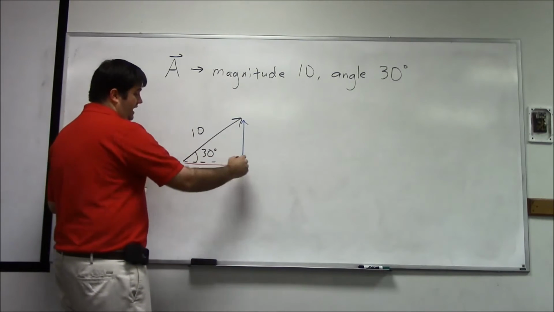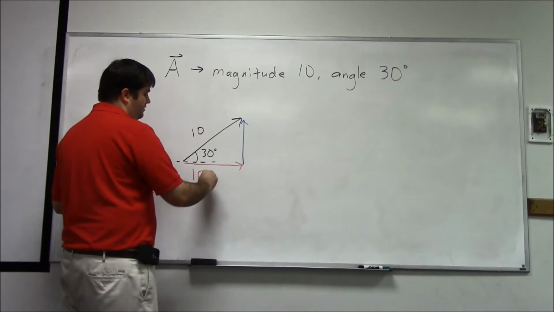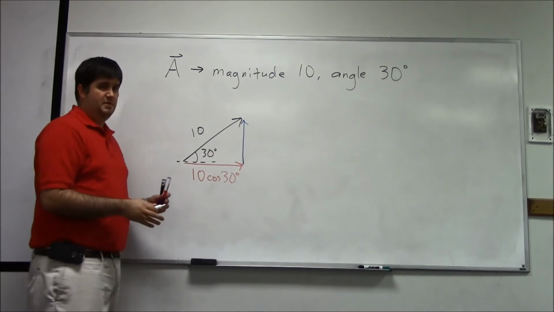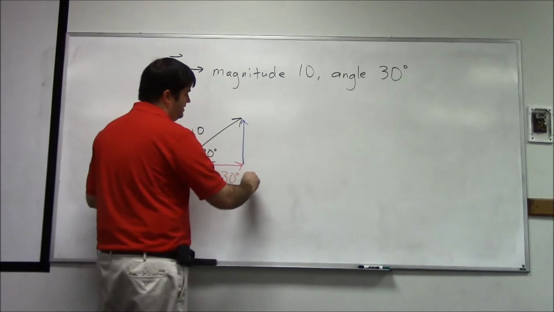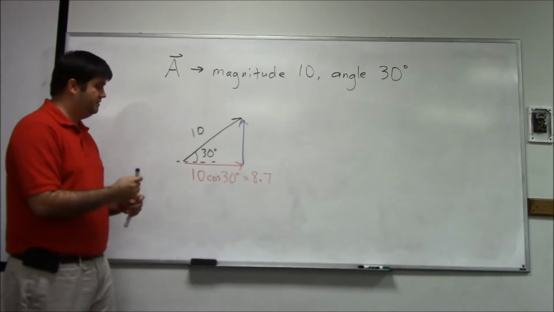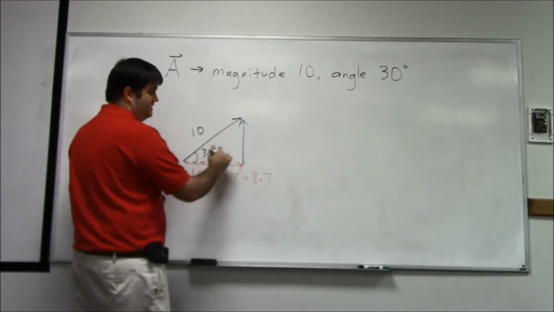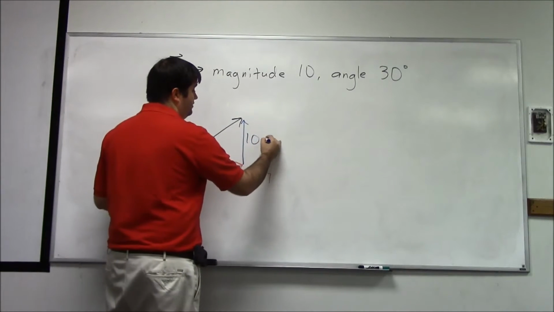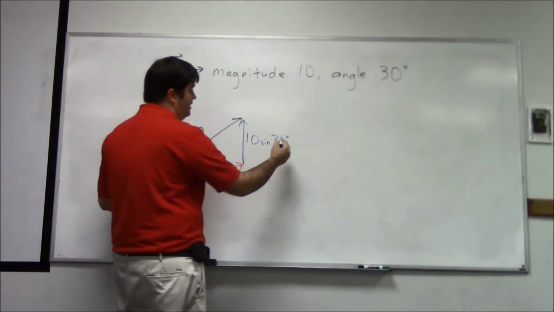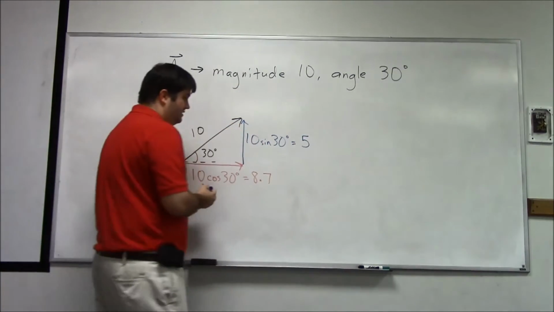We know that the adjacent leg of this triangle has a magnitude of the hypotenuse times the cosine of the angle. The cosine of 30 degrees is about 0.87, so 10 times that is about 8.7 for the magnitude of the horizontal leg. Likewise, the vertical leg is the opposite side of this angle, so we'll have a magnitude of 10 times the sine of the angle, since 10 is the hypotenuse. Sine of 30 degrees is exactly 1/2, so half of 10 is 5.